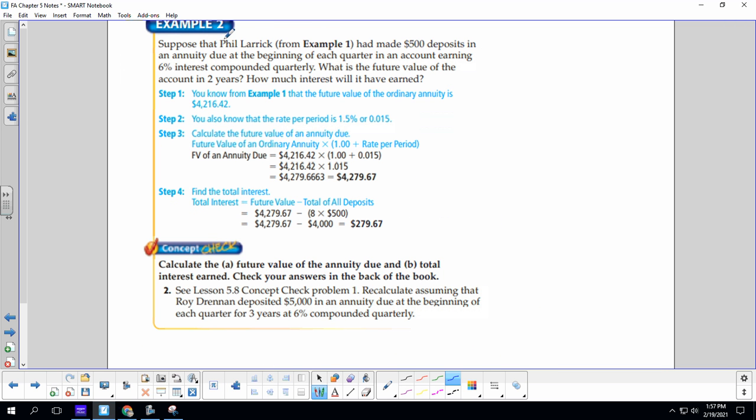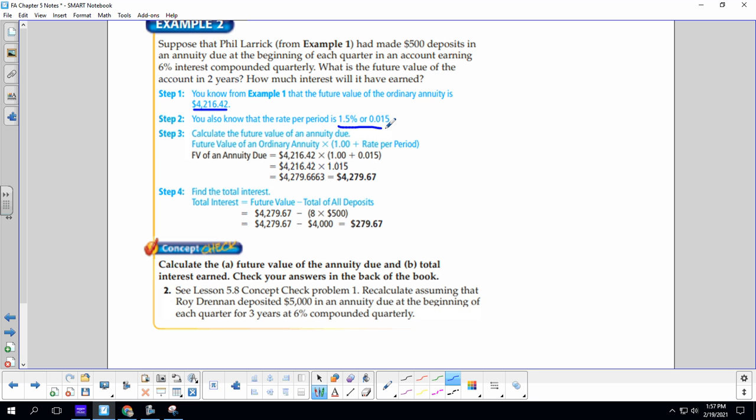All right, let's calculate the other way. Same problem. Made $500 deposits in an annuity due at the beginning of each quarter in an account earning 6% interest compounded quarterly. What is the future value of the account in 2 years? How much interest will it have earned? So the calculation is the same. For an ordinary annuity, we would make $4,216.42.